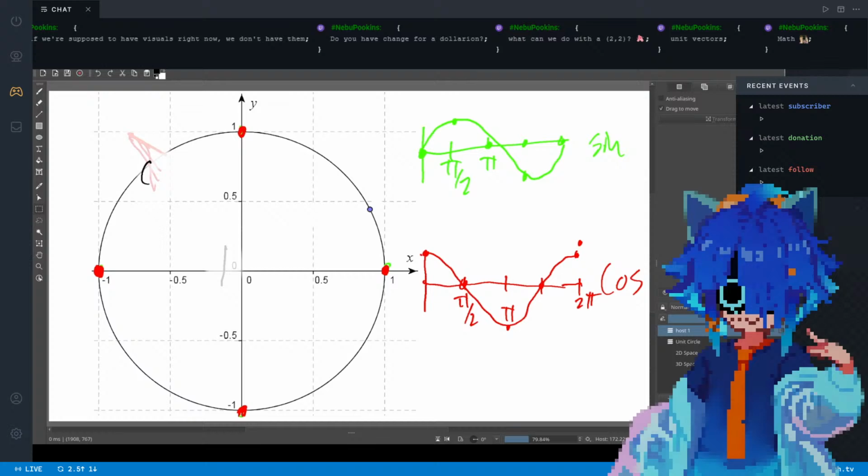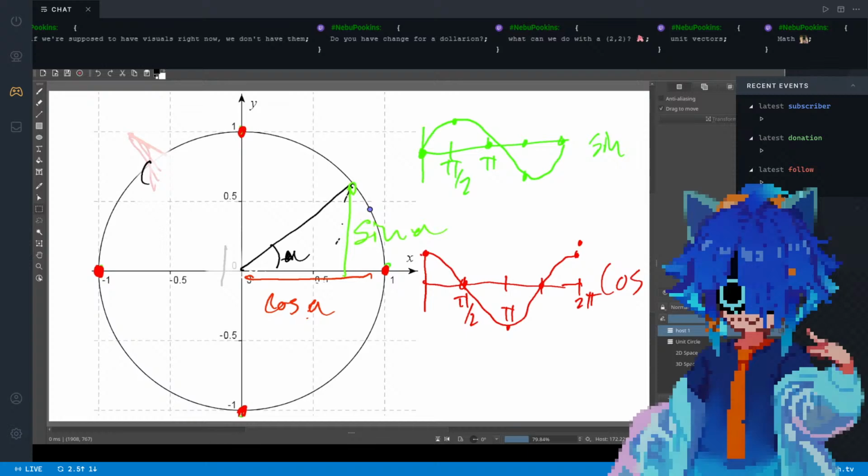And it turns out that if we have a vector and we know what its angle is, then its x component is going to be equal to the cosine of the angle, and its y component is going to be equal to the sine of the angle.